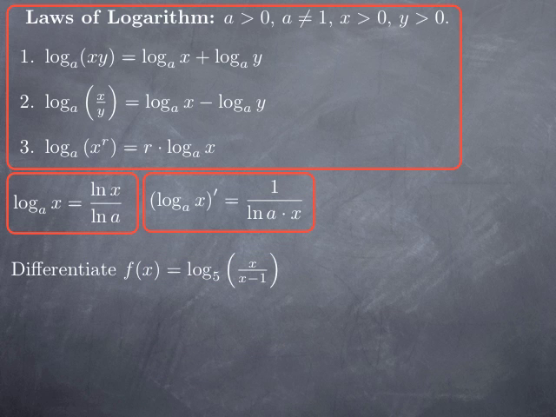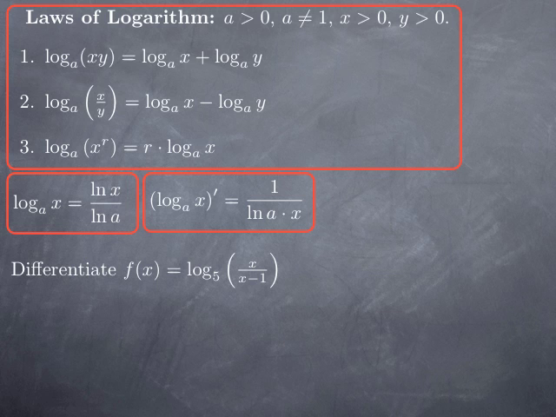And now we can try to apply this formula, for instance, to differentiate the log of base 5 of x divided by x minus 1. Now in that case, we may want to simplify this before we differentiate, because differentiating quotients can be complicated, and there is a quotient inside the log, whereas differentiating sums or differences is easy.